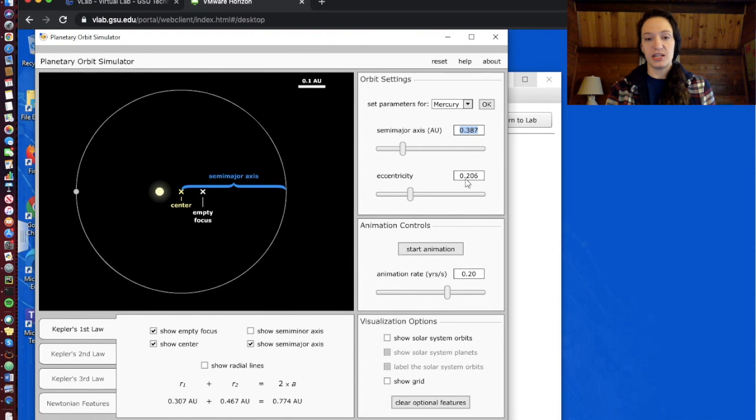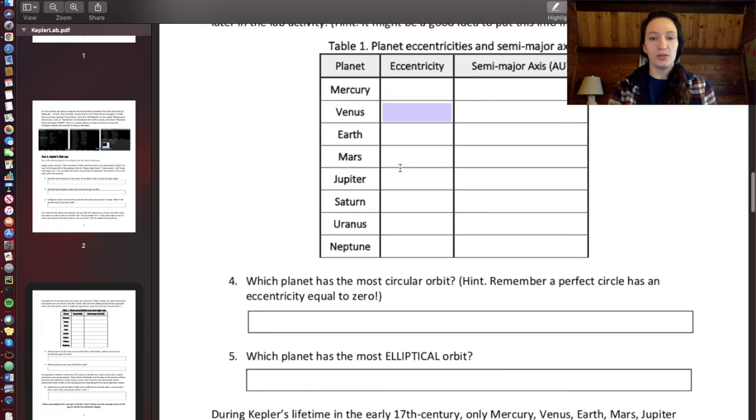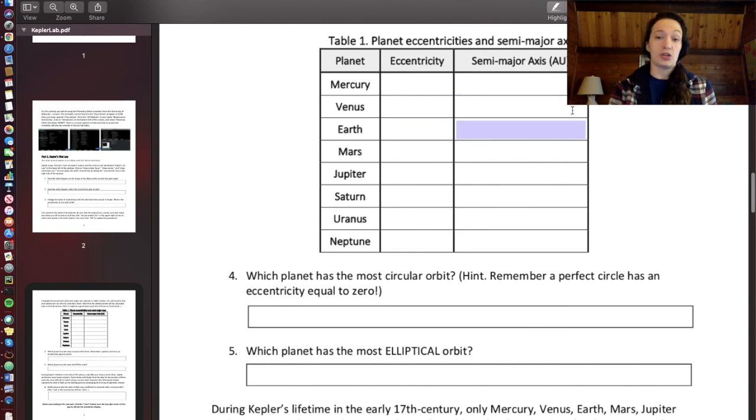And the eccentricity is the bottom one, and that goes in your first empty column. So just pay attention to the labels and put them in the correct spots. Once you've filled all this out, make sure you fill it all out. It's super easy, and it's worth a decent chunk of the lab because it's a table.